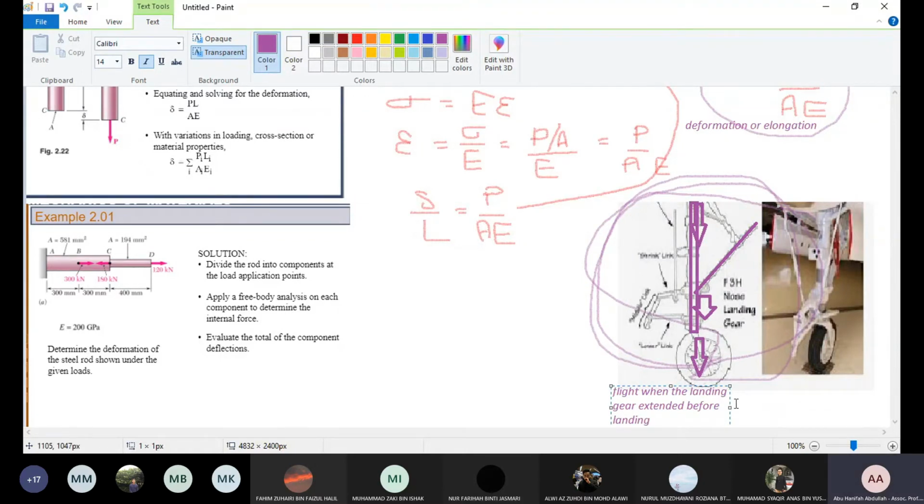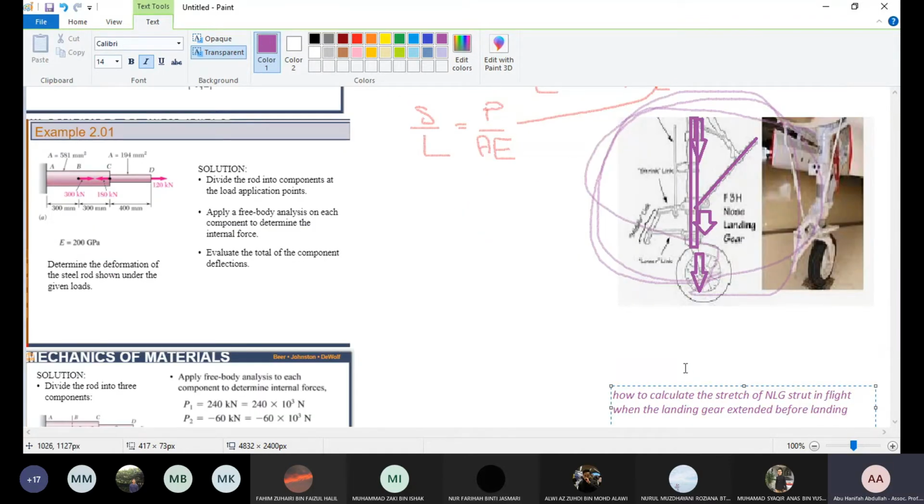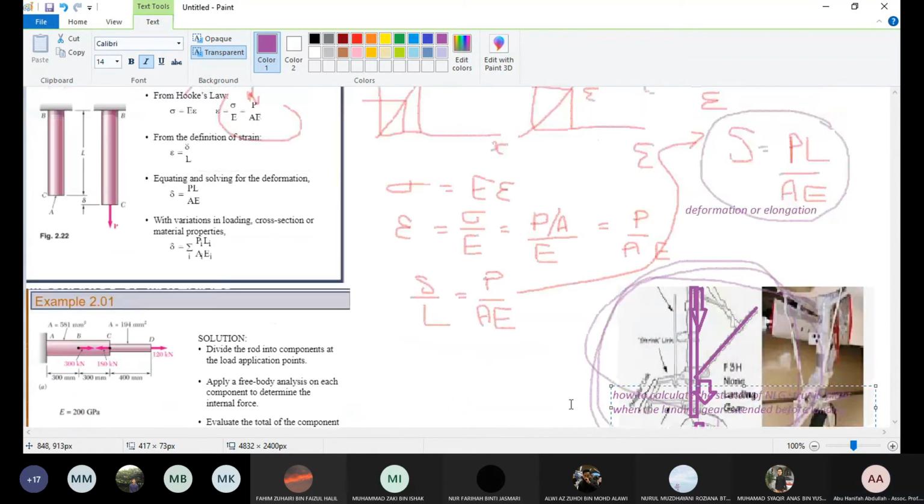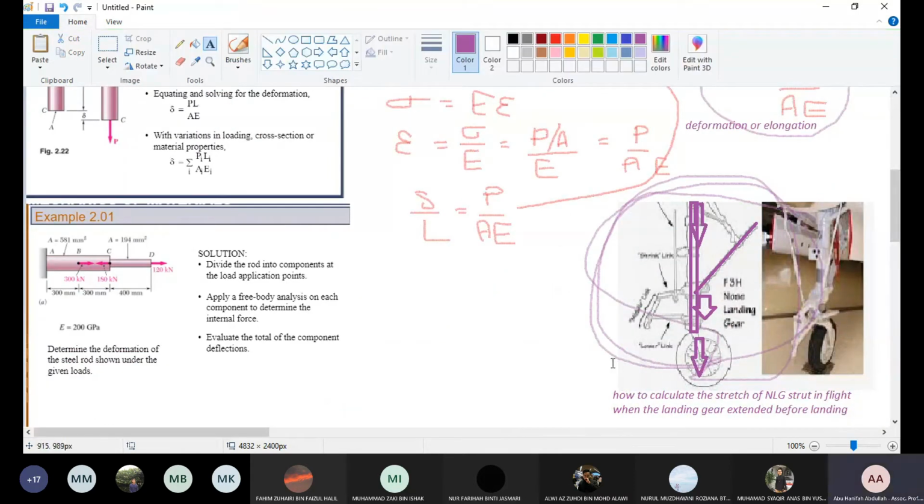So you can calculate using the equation that we have here.